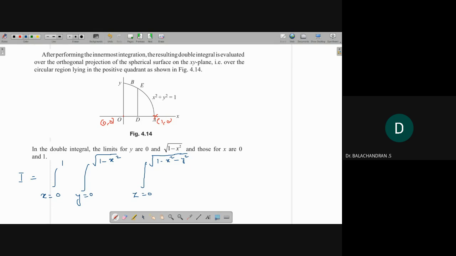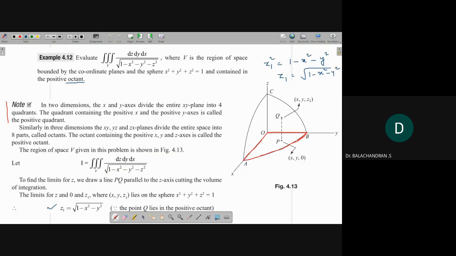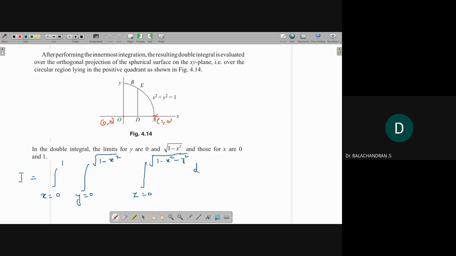The integrand is dz dy dx divided by root of 1 minus x square minus y square minus z square.